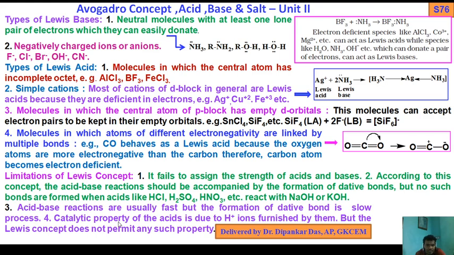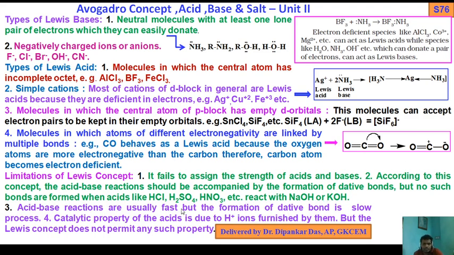Number 4, the catalytic property of acids is due to H plus ions furnished by them, but the Lewis concept doesn't permit any such property. So what are the limitations? It fails to assign the strength of acid and base. Acid-base reactions should be accompanied by the formation of dative bonds, but no such bonds are formed when acids like HCl, H2SO4, nitric acid react with NaOH or KOH.